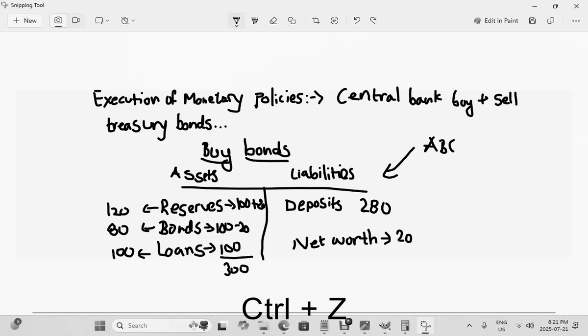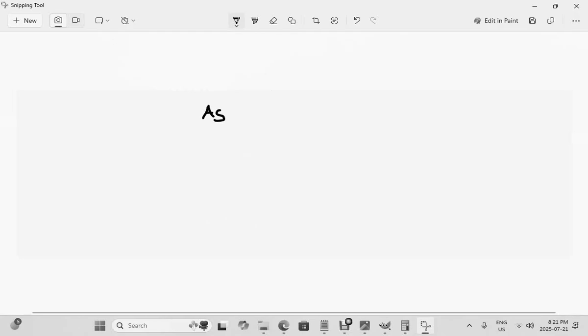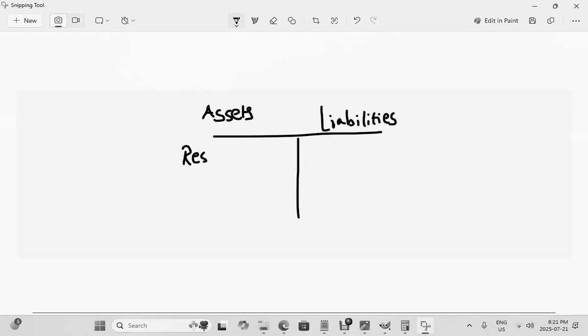Now, when it comes to selling of bonds, let's say you have your assets and your liabilities. You have your reserves, both excess and required reserves, your bonds and your loans. And under liabilities, you have deposits.